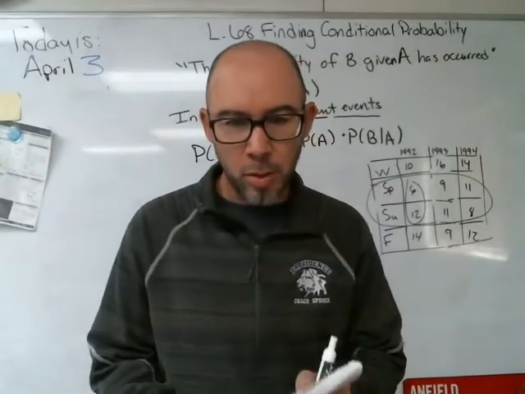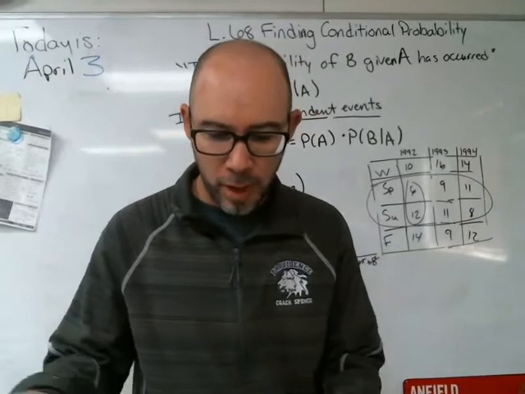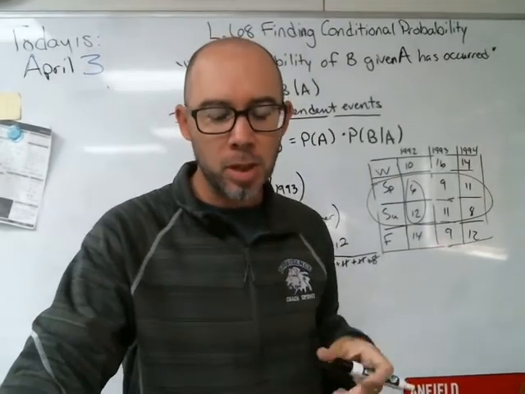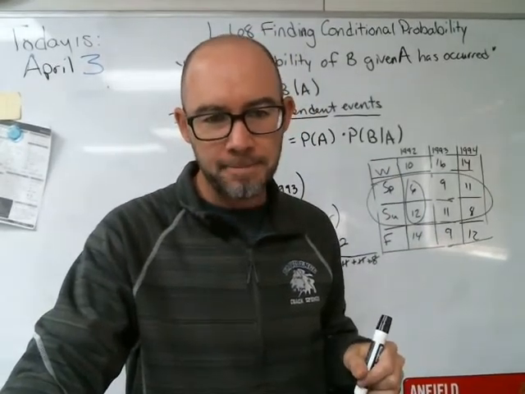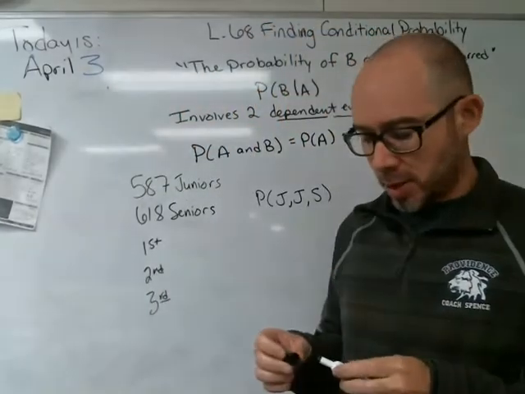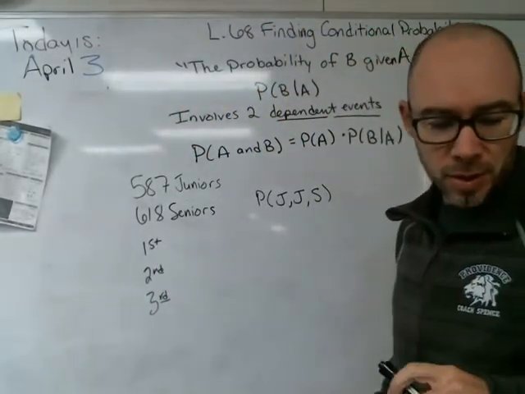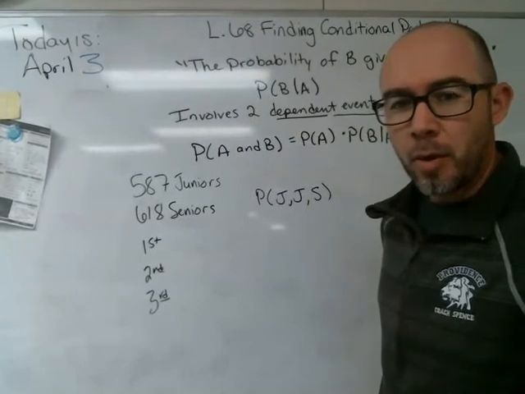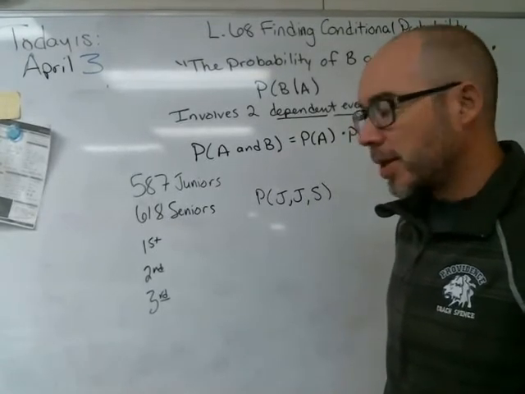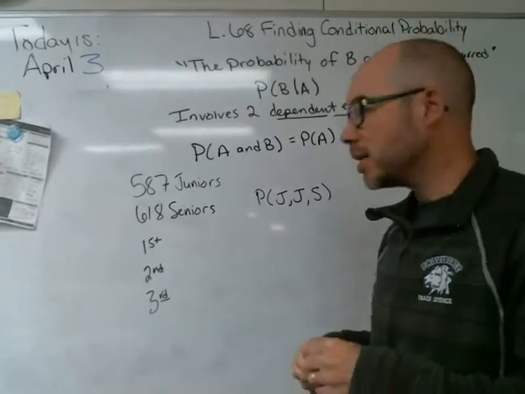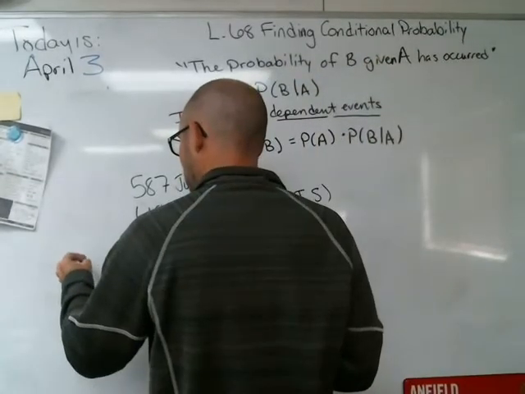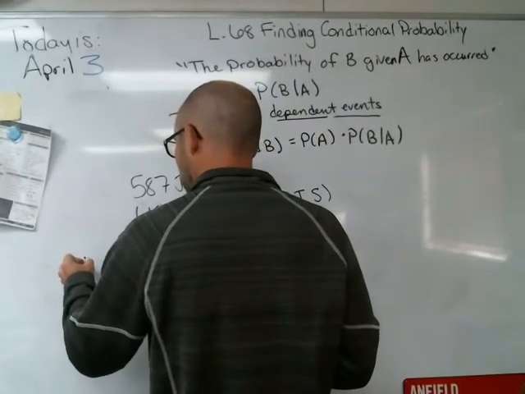There's one more that we'll do, and it has to do with like a raffle or something like that. Let me clear the board, and then we'll get that up. Okay, we've got our situation here. We got juniors and seniors, and they're gonna have a raffle, and they're gonna give away some prizes. First prize is, I don't know, a new iPhone.